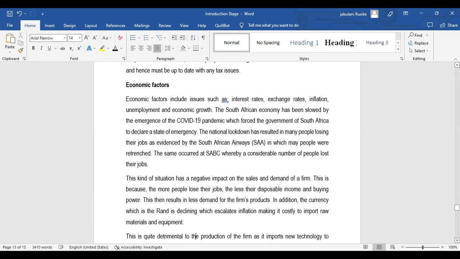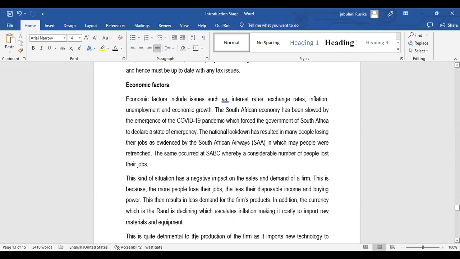Exchange rates, if your company is into exporting, if the exchange rates are not stable, it affects you when you are changing your currency from rand to the US dollar. You find that if there is a lot of fluctuation, it distorts the currency, and then it can affect even your business.